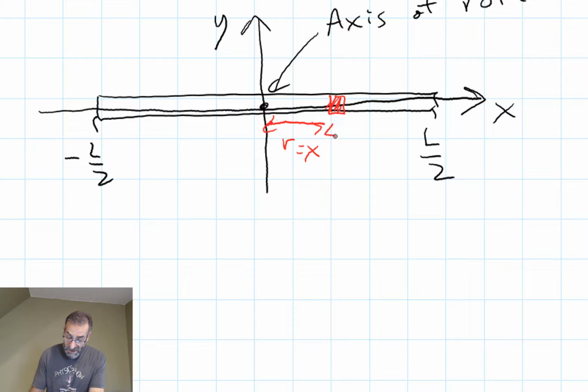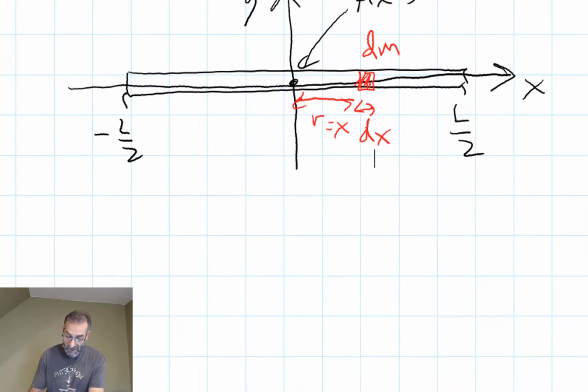And this distance, the thickness, the width of my little mass element dm is equal to dx. Let me clean this up a little bit. I've got x and dx for those distances.